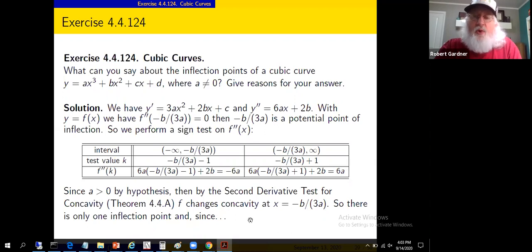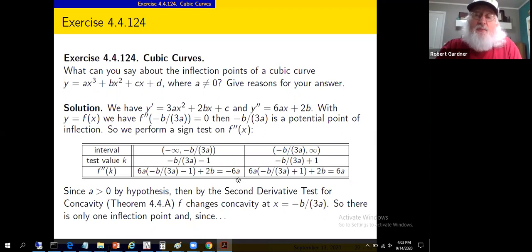So we do have a point of inflection at this x value, negative b over 3a. So that's a point of inflection. Indeed, it changes concavity. I can't tell you if it's concave up here and concave down here, or concave down on this one and concave up on that one. I can't tell which is concave up and concave down unless you tell me more about a. Just telling me it ain't 0 doesn't cut it.